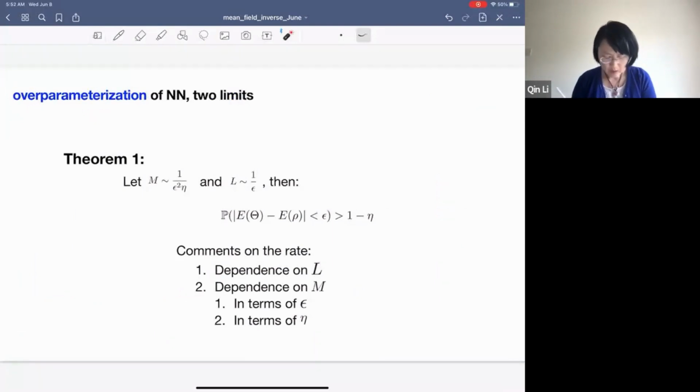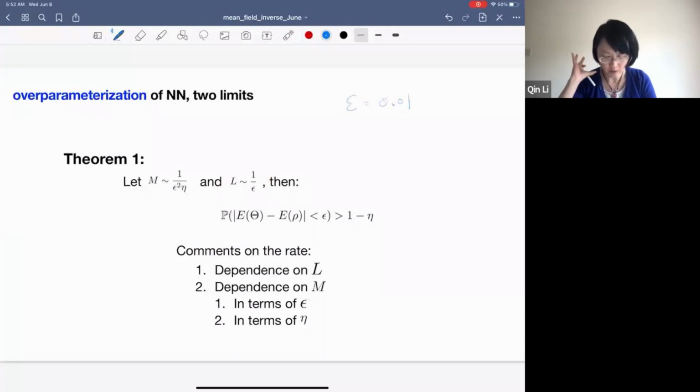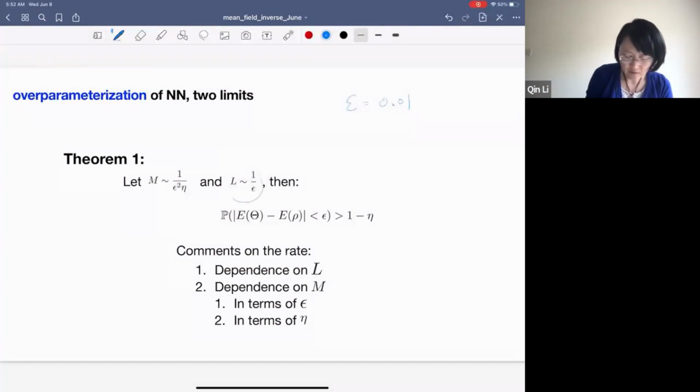So the result that we prove is the following. The number of layers has to be 1 over epsilon. Let's say epsilon is 1%. If epsilon is 1%, that's the accuracy you are looking for. If the accuracy you are looking for is 1%, then the number of layers has to be 100, right?